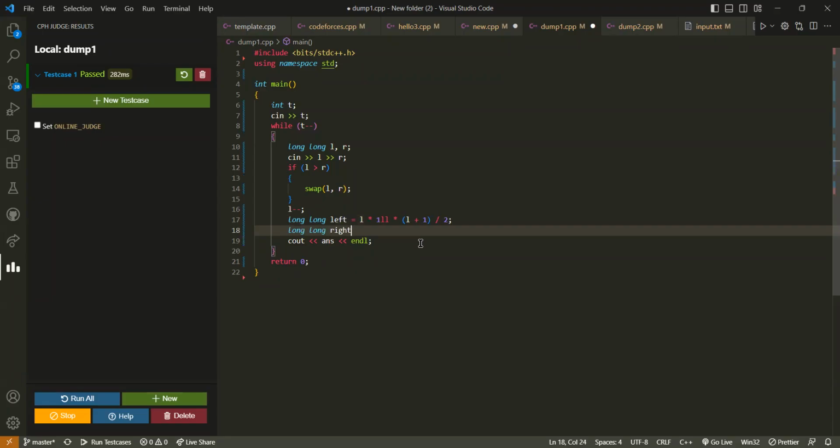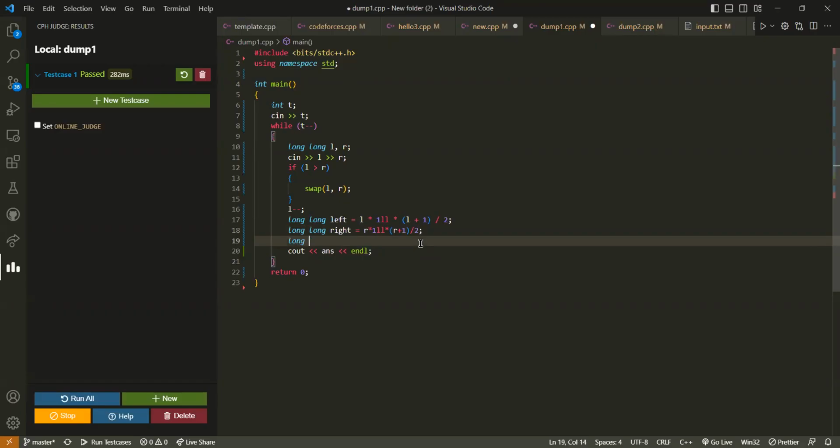Long right equals to R into R plus 1 by 2. Long answer equals to right plus left. This thing is fine.